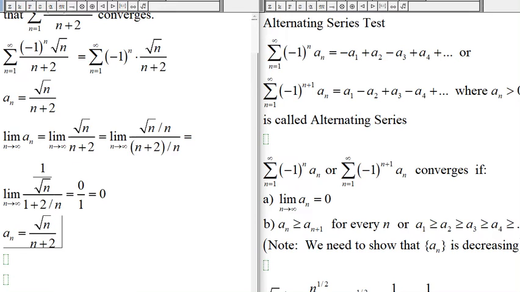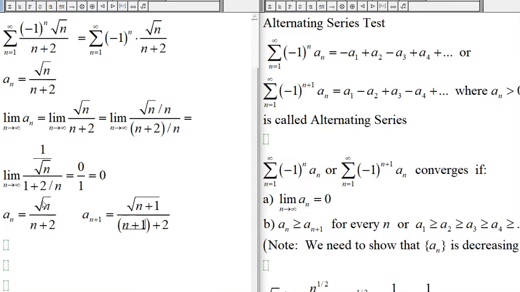So this is a sub n, and then a sub n plus 1, then in the place of n just put n plus 1. And so this becomes the square root of n plus 1 divided by n plus 3.